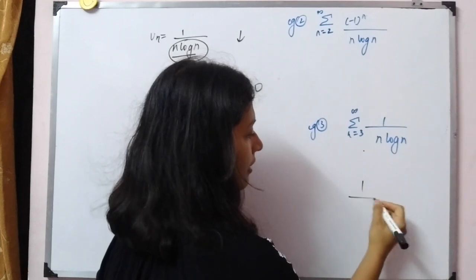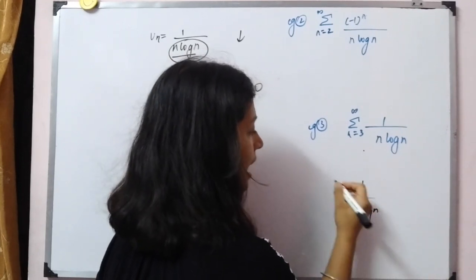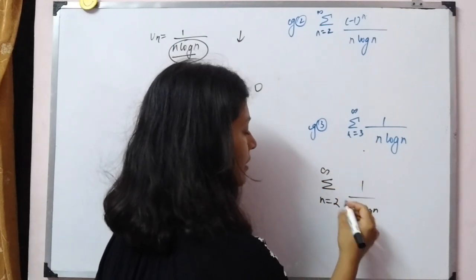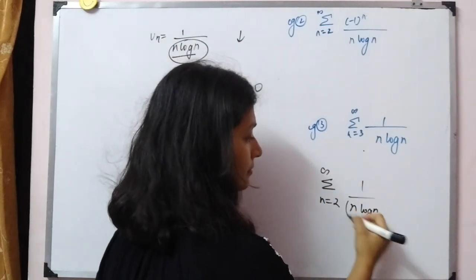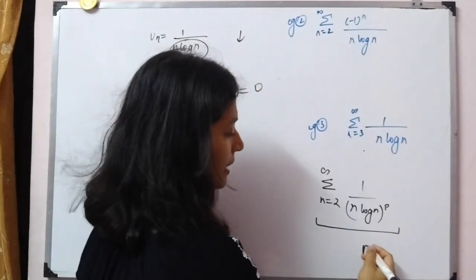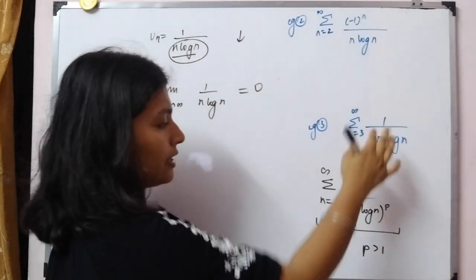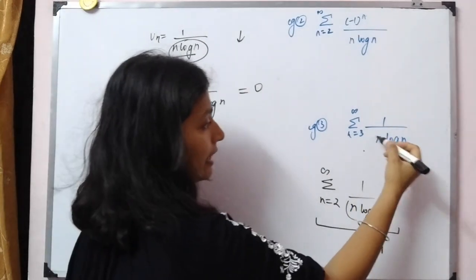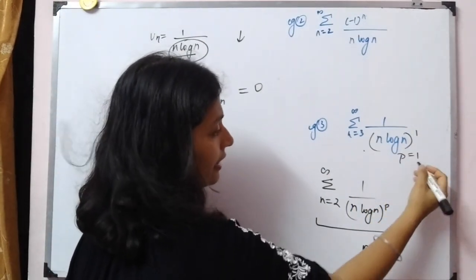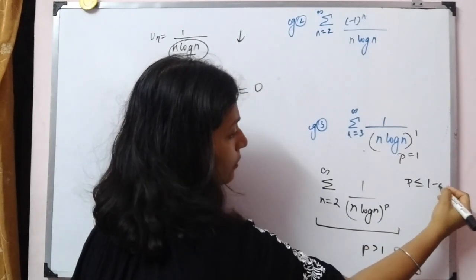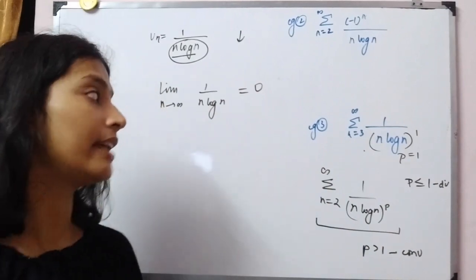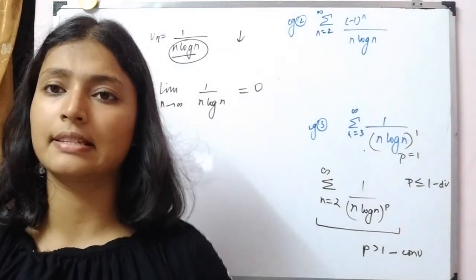There is a formula we derived in the previous video: the sum of 1 upon n log n whole raised to p, n from 2 to infinity, is convergent only when p is greater than 1. In all other cases it is divergent. Clearly here p is equal to 1, so it is divergent when p is less than or equal to 1 and convergent when p is greater than 1. So this is clearly divergent, but we cannot apply the Leibniz test over here.